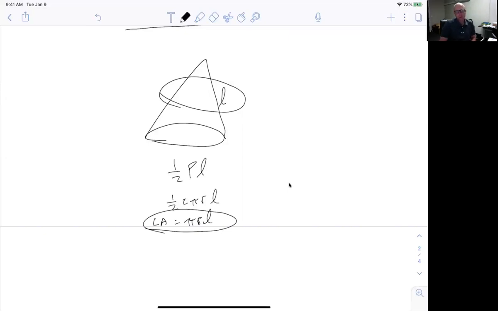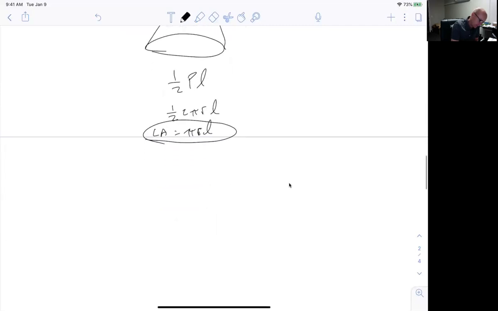All right, so that's my way of thinking of it, more in terms of what I've been doing. And what I have been doing is saying, okay, the lateral surface area of something is half the perimeter times the slant height. So in this case, the perimeter is the circumference of the base, which is obviously 2 pi r. So 1/2 times 2 pi r is just pi r times the slant height.